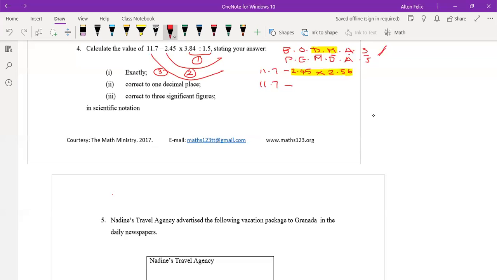2.56 multiplied by 2.45. Let's see what we get. 2.45 multiplied by 2.56.